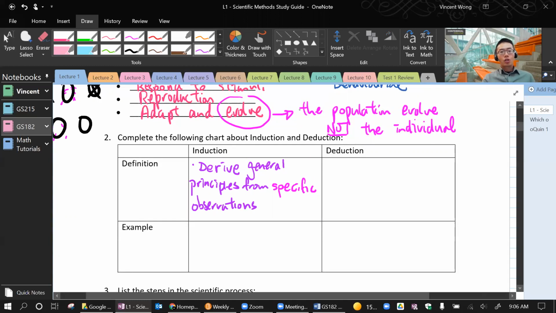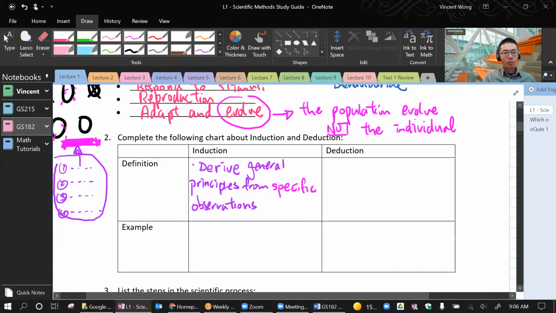Okay, so this is basically induction. Induction is like many small statements, and then you take all of this and come up with a general statement.